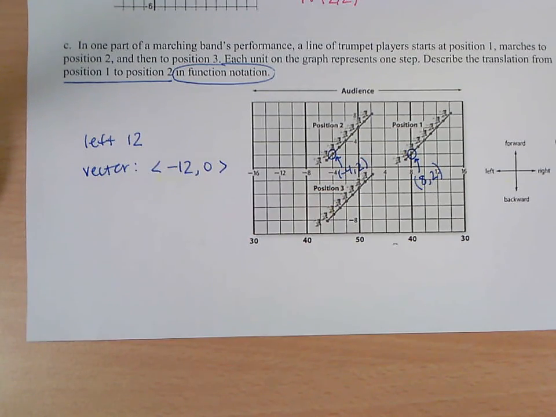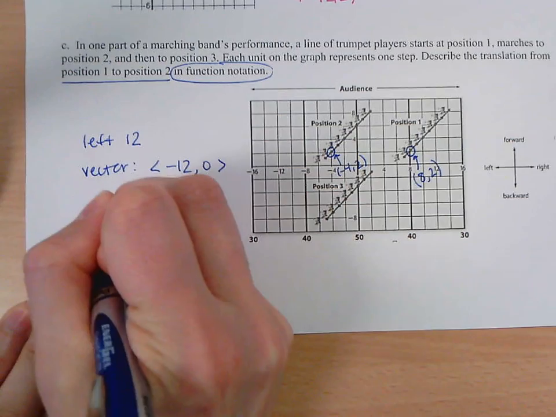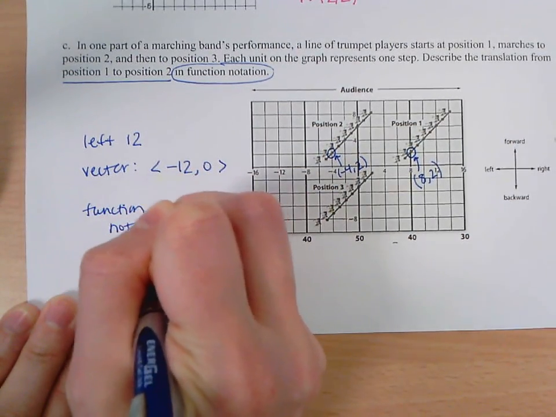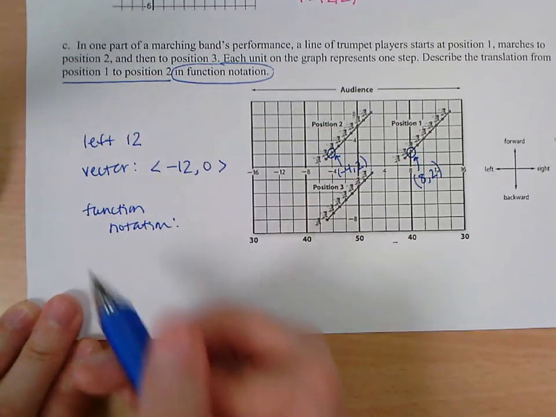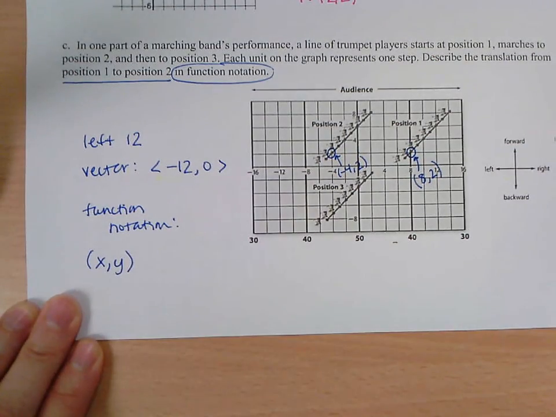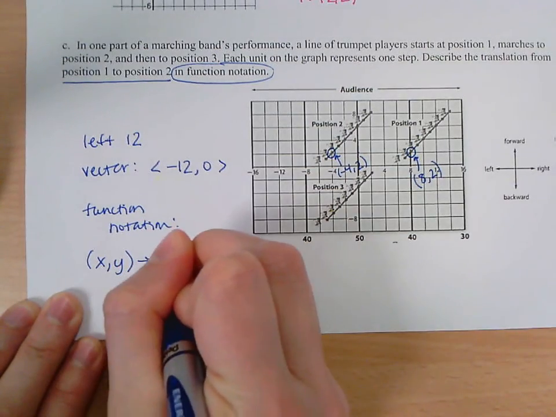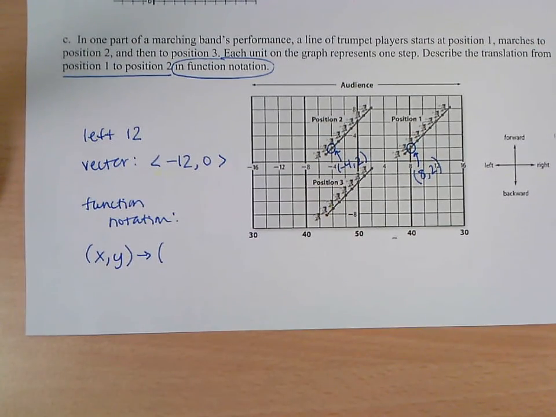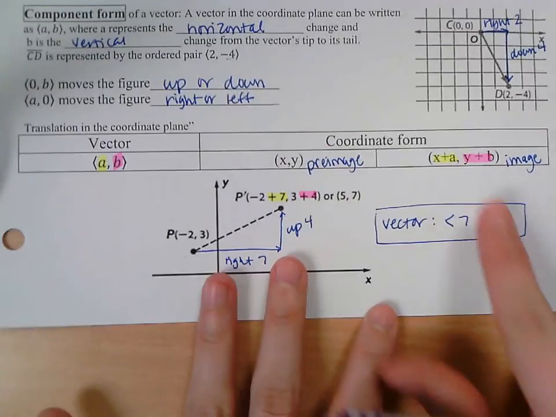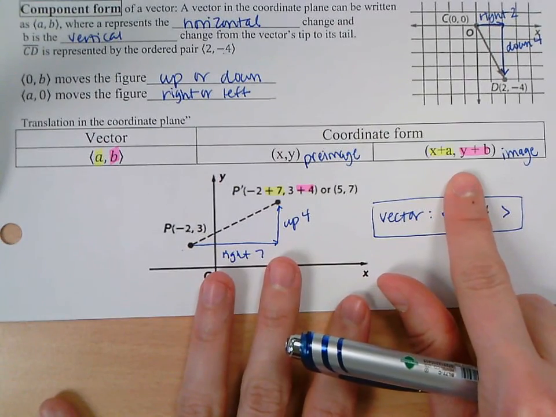But this says in function notation, so this is what they're looking for. They're saying if you start at a coordinate (x, y), what's a formula to come up with your new coordinate? So with function notation, they're using this coordinate form instead of the vector form.